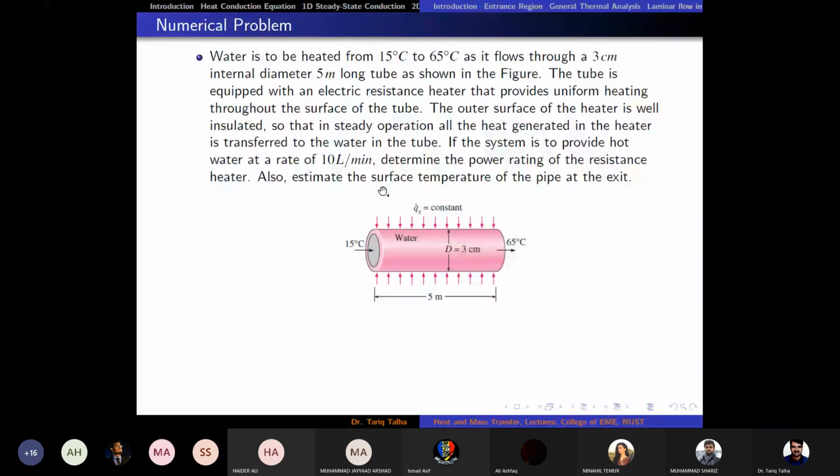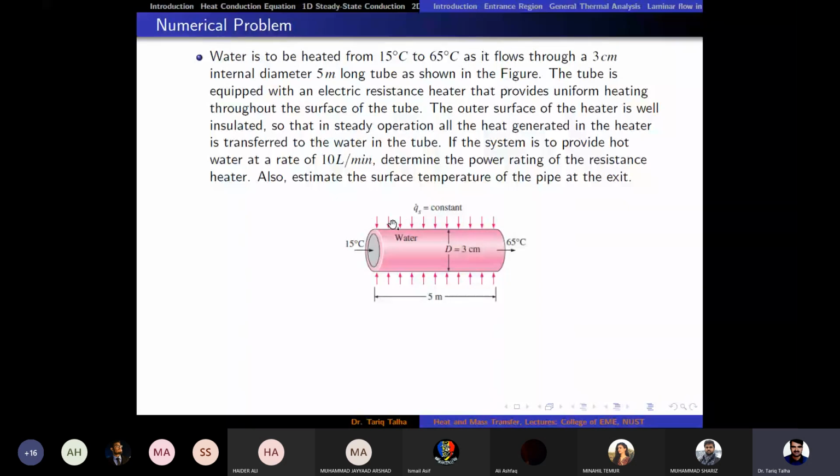So now water is to be heated from 15 degrees to 65 degrees centigrade as it flows through a 3 centimeter diameter, 5 meter long pipe or tube, right? So the tube is equipped with an electric resistance heating.